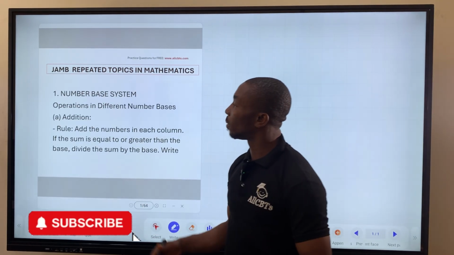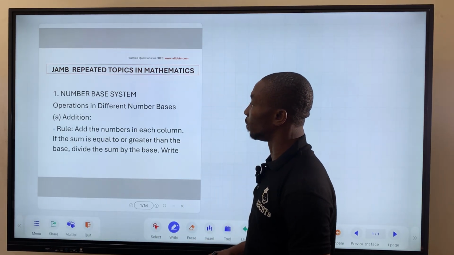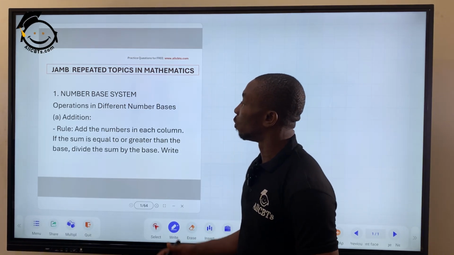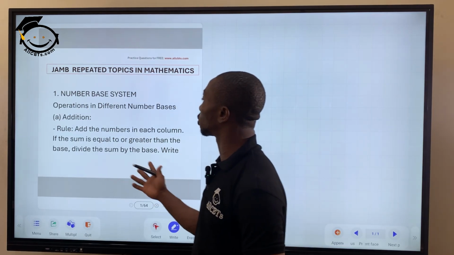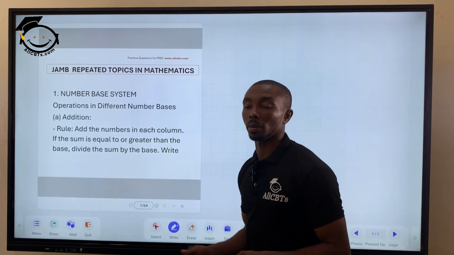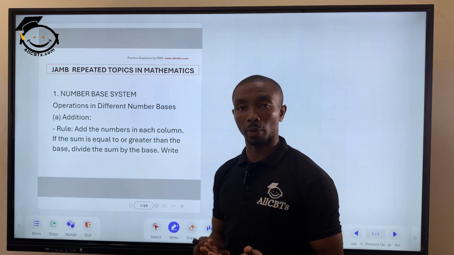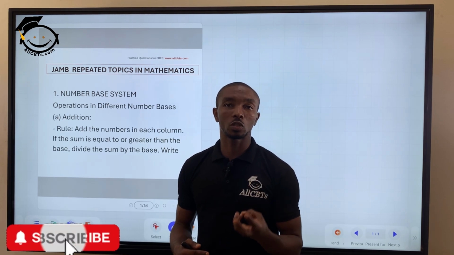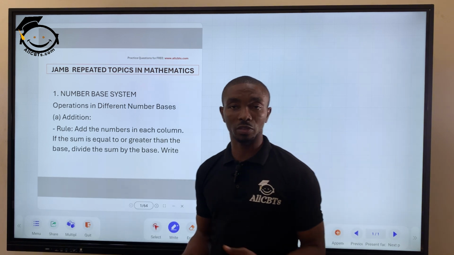Alright, welcome back. Our first topic will be number-based systems. Now, what are number-based systems? Number-based systems are basically used for operations in different number bases. We have base 2, base 3, base 4, base 5. Base 2, one of the most popular, is known as the binary system.